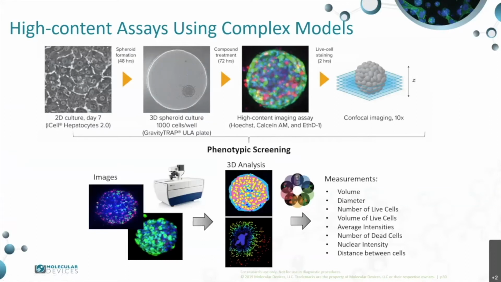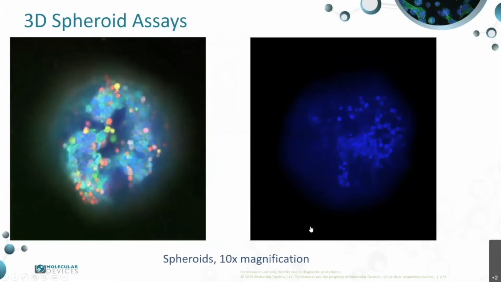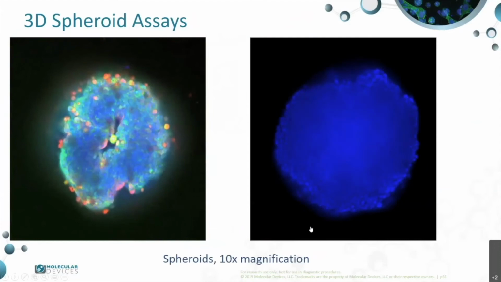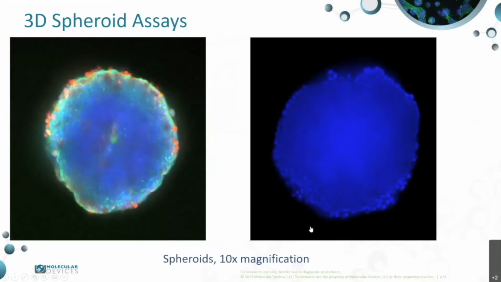And with 3D analysis, you can define volumes, count cells in a volume, and also identify distances between objects. In this example, you can see imaging of a spheroid with these stacks. And this is HCT116 colon carcinoma cell line with 10x magnification.